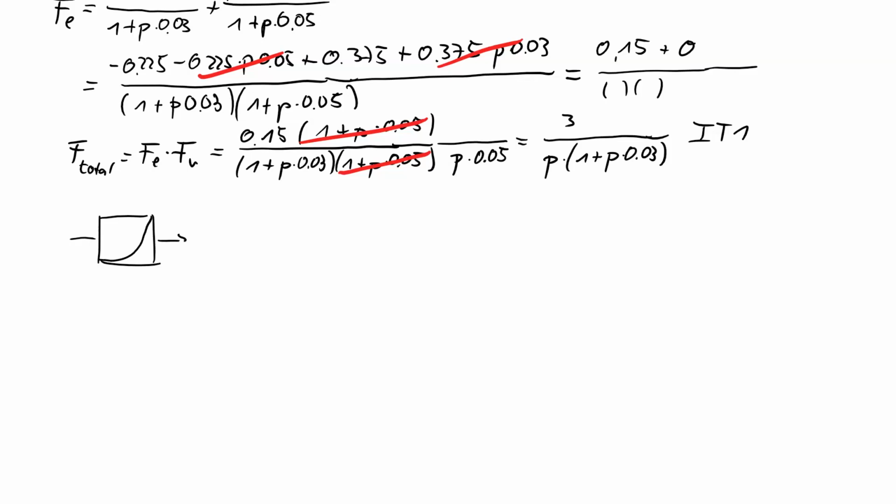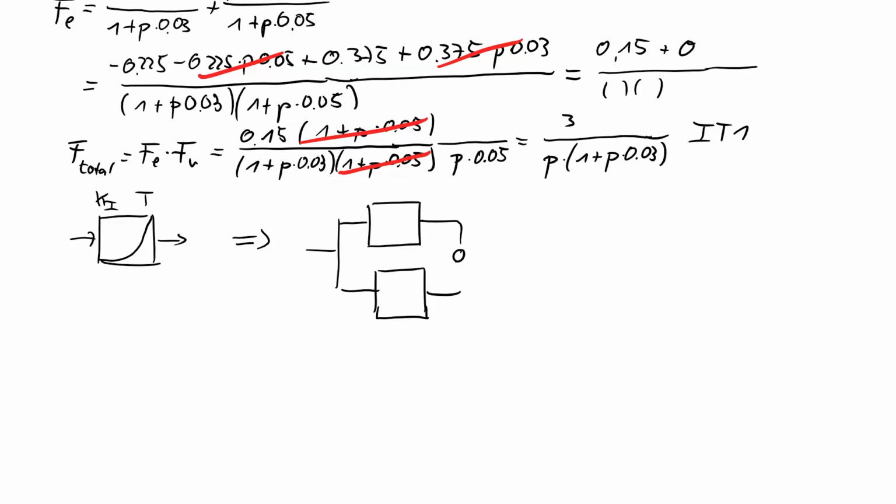This symbol IT1 with a KI and a T time constant is converted into the sum of 2 PT1s, where the output now is added, and this is PT1 number 1, PT1 number 2. This is called K2M, this is K1M, this is T, this is T-deck.